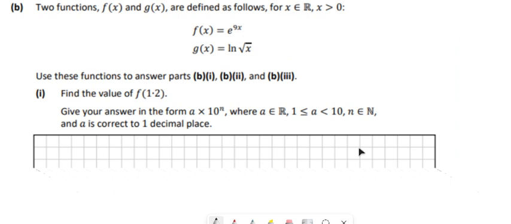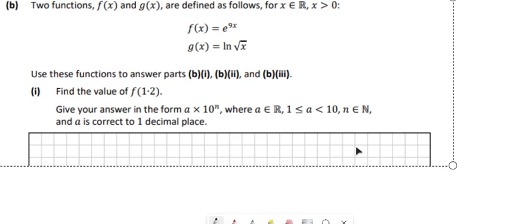Right, so part B, we're given f of x is e to the power 9x and g of x is ln root x.